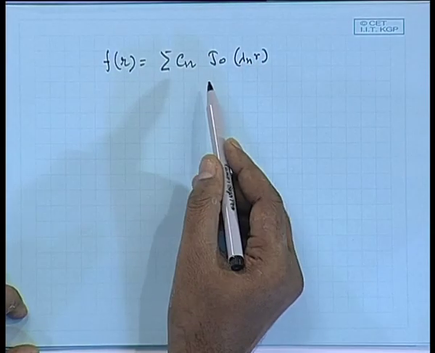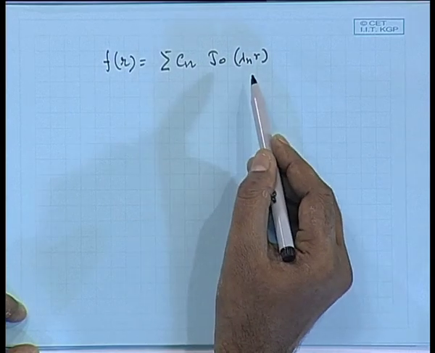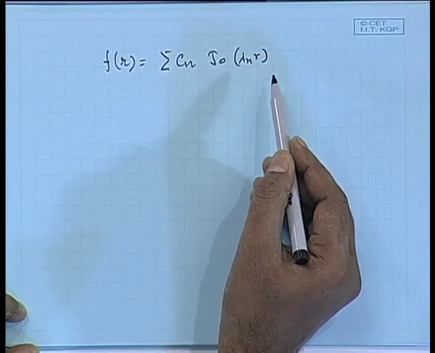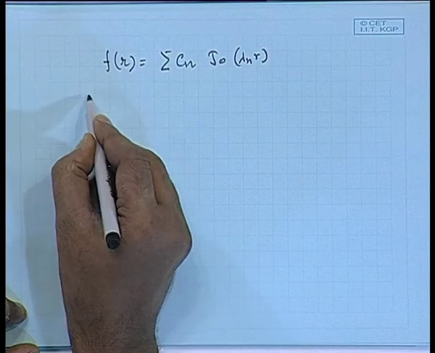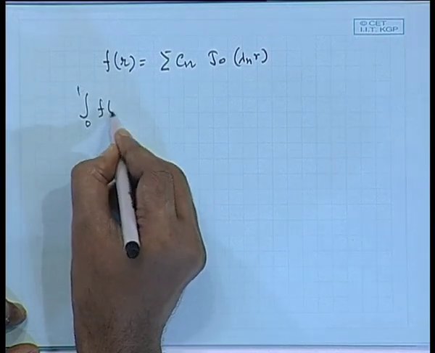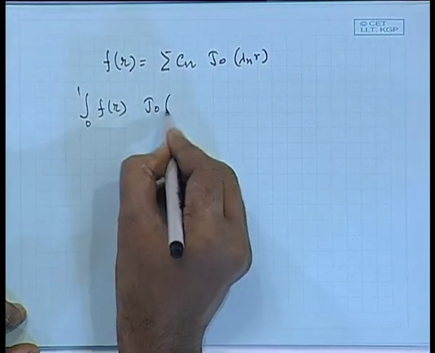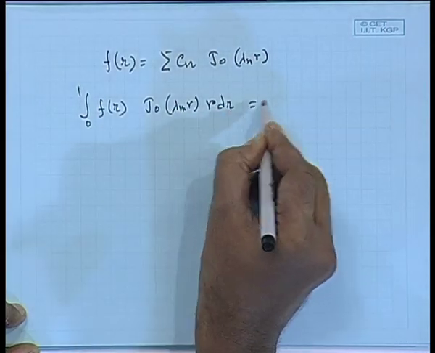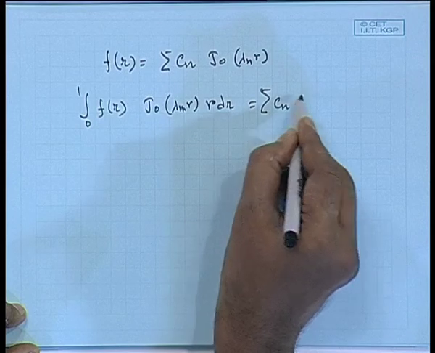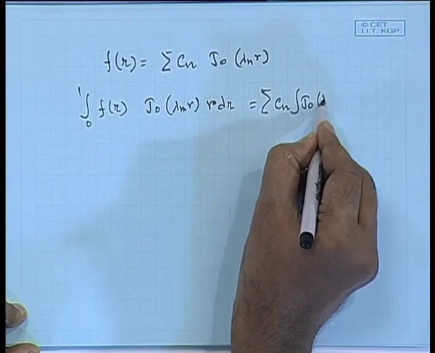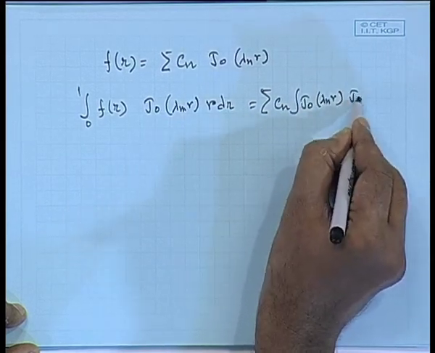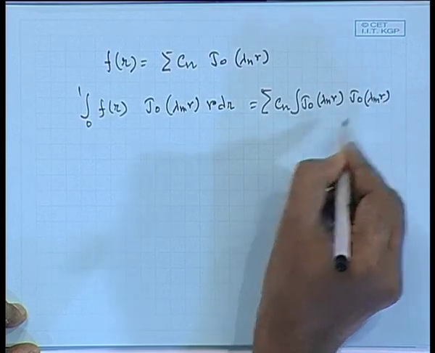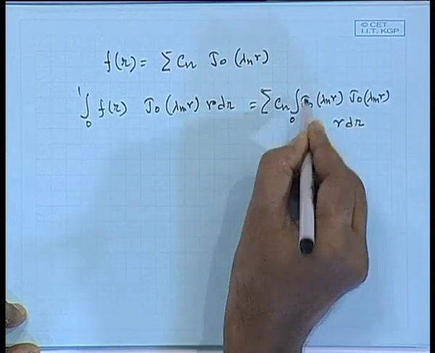Now, I will be multiplying both sides by J0 lambda m r, r dr and integrate from 0 to 1. So, integral 0 to 1 F(r) J0 lambda m r, r dr equals summation Cn integral 0 to 1 J0 lambda n r J0 lambda m r, r dr.